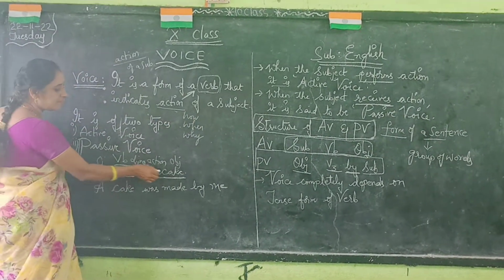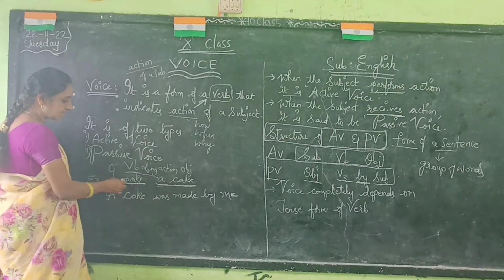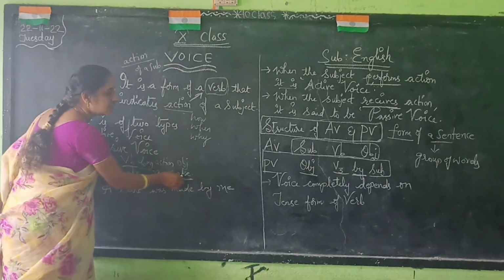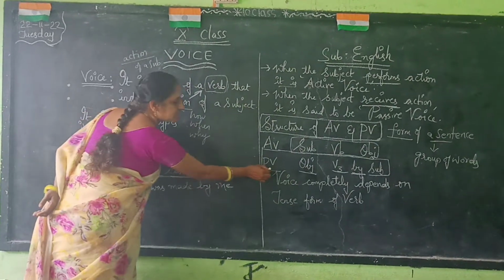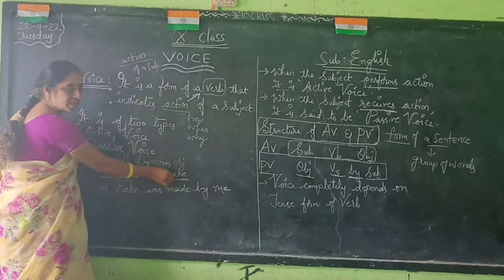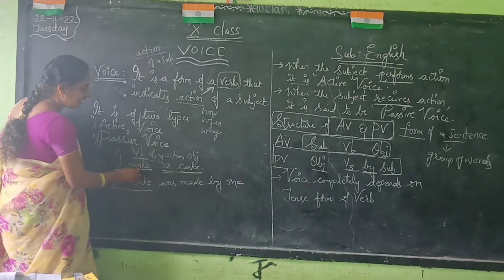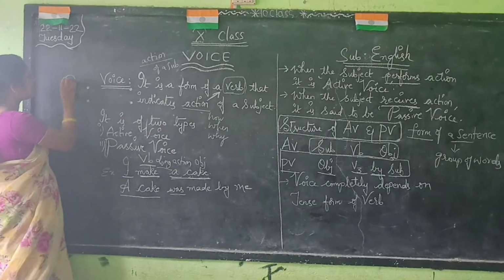And if we want to change this sentence into passive voice, first of all we have to identify the structure of passive voice. What is the structure of passive voice? First of all we have to write the object. So, a cake, then a helping verb. In English we have 8 helping verbs.